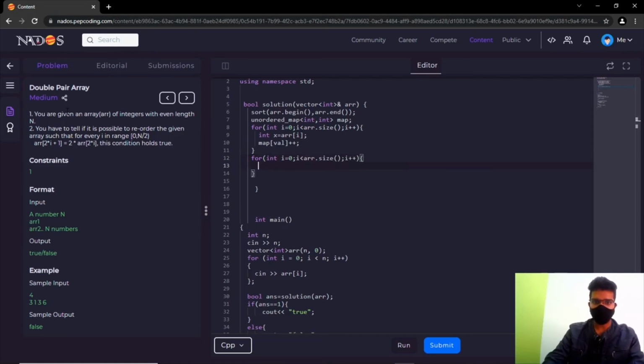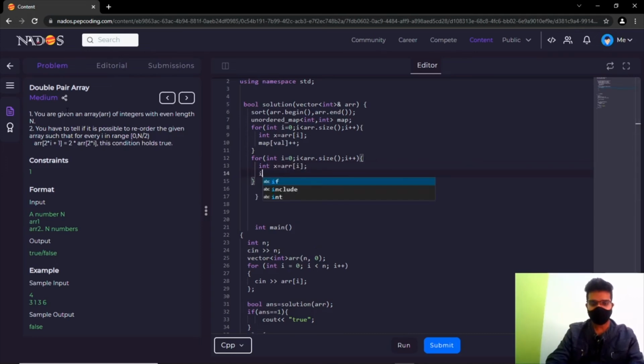Okay. Now let's discuss the case. What if the frequency in our map is 0? Let's say our value is x, right? First. Okay, now let's say if map of x, if the value frequency is 0.